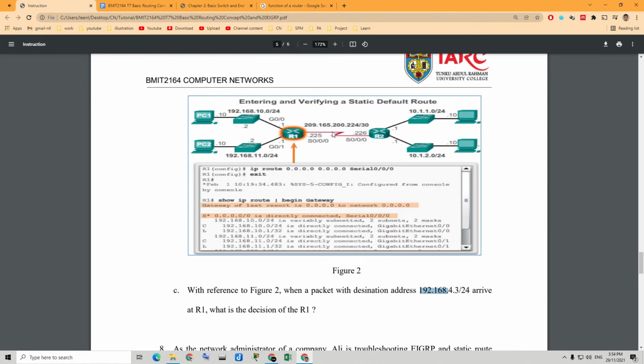Basically, after PC1 knows it's on a remote network, it forwards the packet to the gateway address. The gateway address is the interface for that LAN connected to the router. Oh, I see.